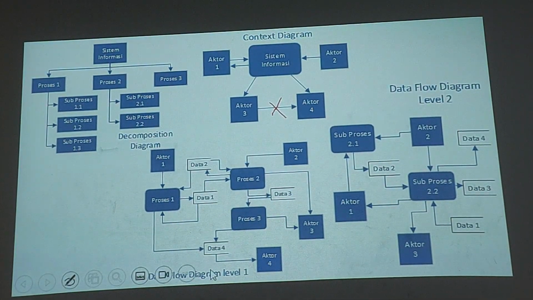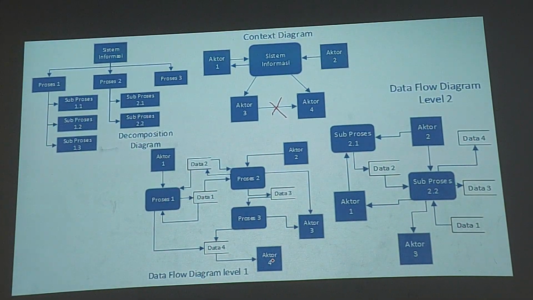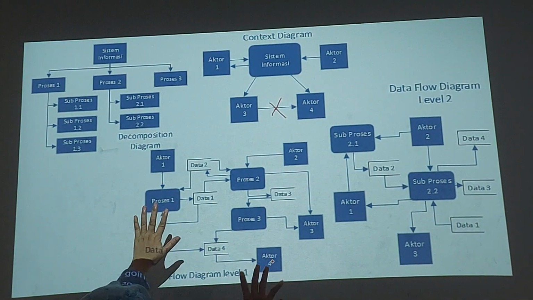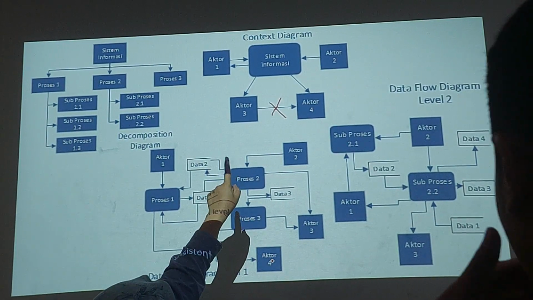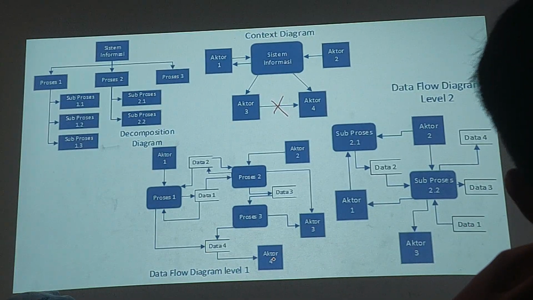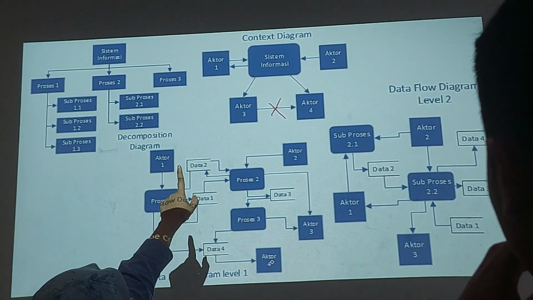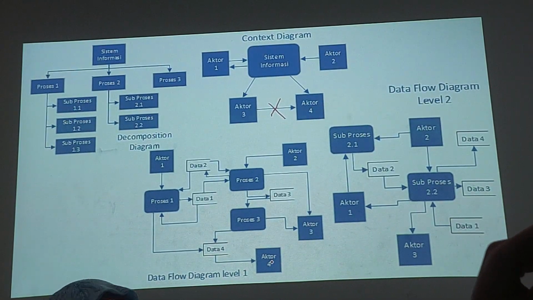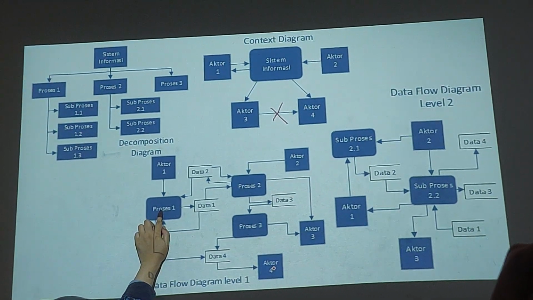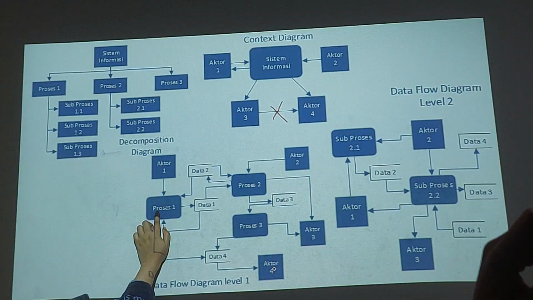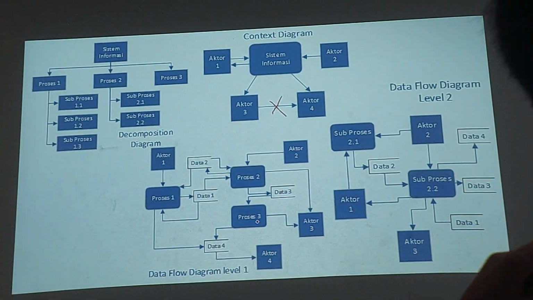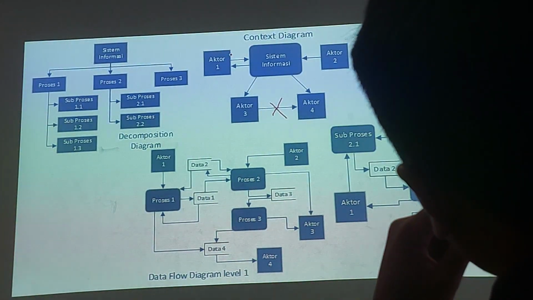Next, we are going to data flow diagram level 1. Okay, right. So this must be consistent with the actor level. For actor 1, it must have input and output. But here they only give input.